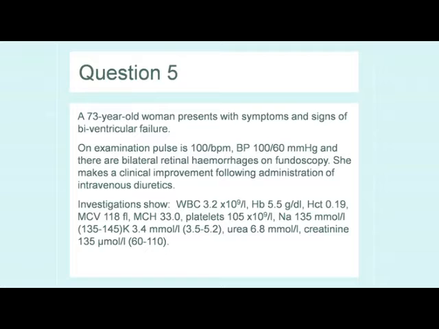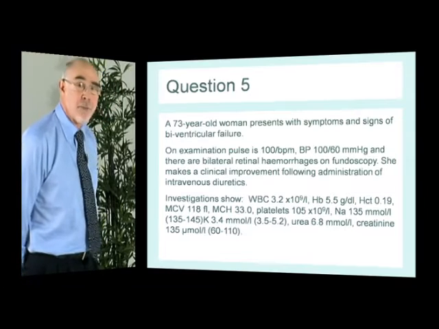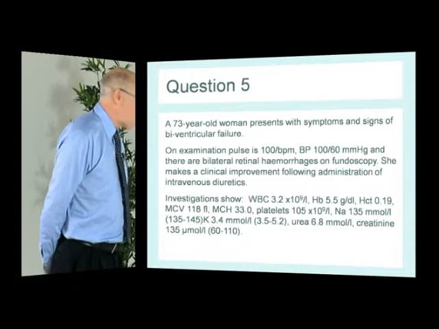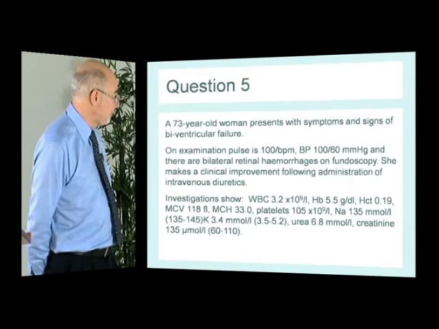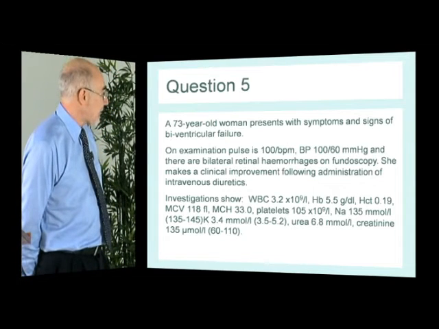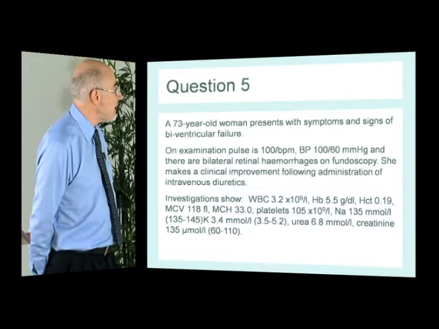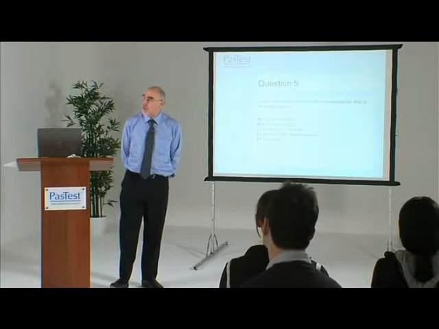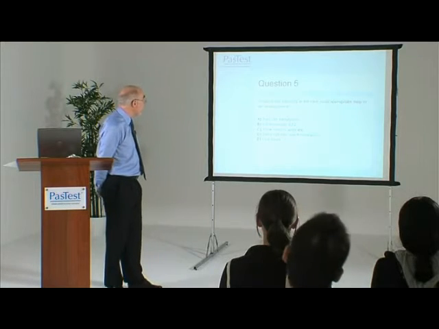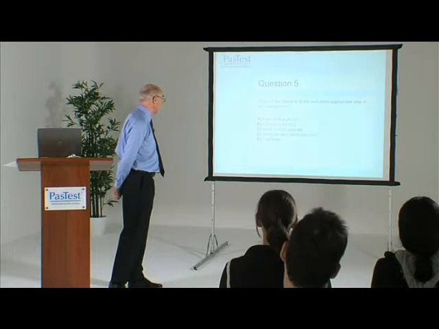She has some investigations which show a borderline normal white cell count, a severe anemia, and this is a macrocytic anemia, borderline thrombocytopenia, normal electrolytes, borderline potassium, slightly elevated creatinine. The question associated with this stem is which of the following would be the most appropriate step in her management.